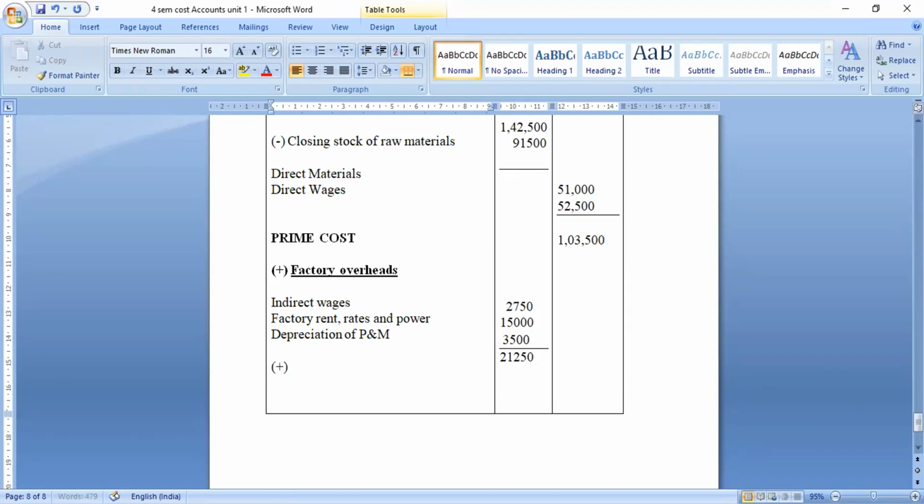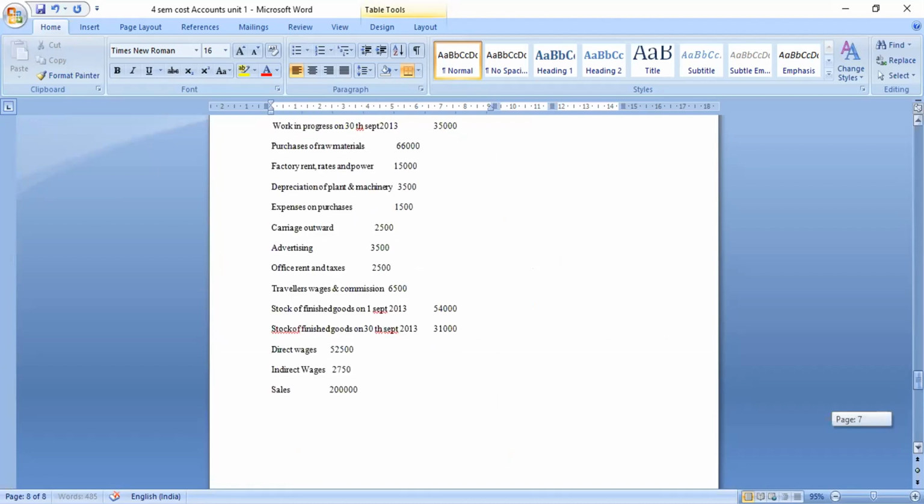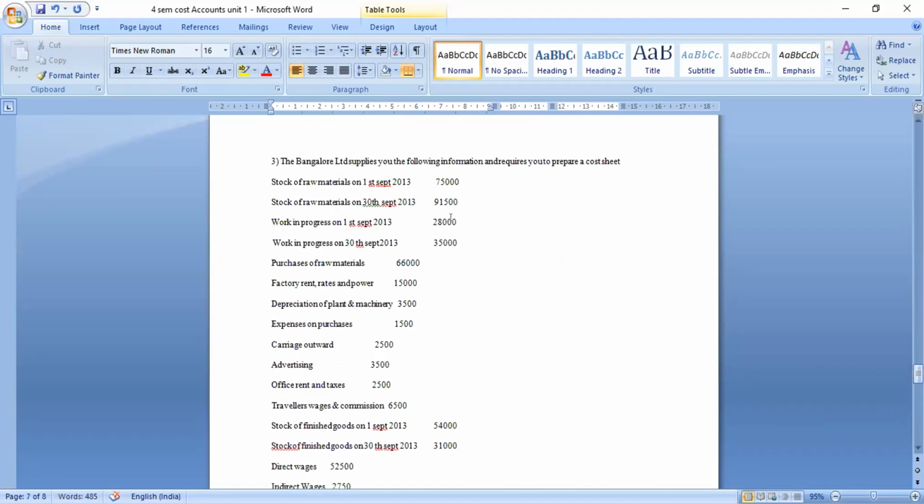So along with this you are going to add opening stock. Factory overheads always, opening stock of work in progress. Okay, below factory overheads take opening stock of work in progress. So see how much the opening stock of work in progress is. Opening stock of work in progress 28, closing stock of work in progress 35. So add 28,000.